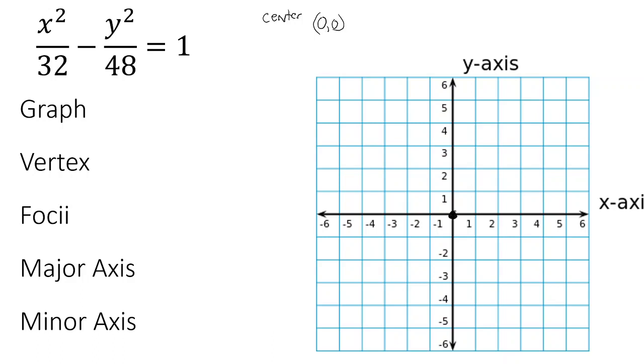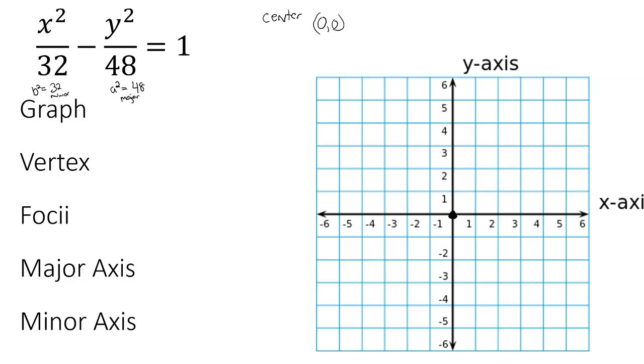And now I want to find my major axis and my minor axis. Very similar to the ellipse, the greater one is going to be the major axis. So under y squared, you've got a squared equals 48 and b squared equals 32, and that's the minor. And this is the major.